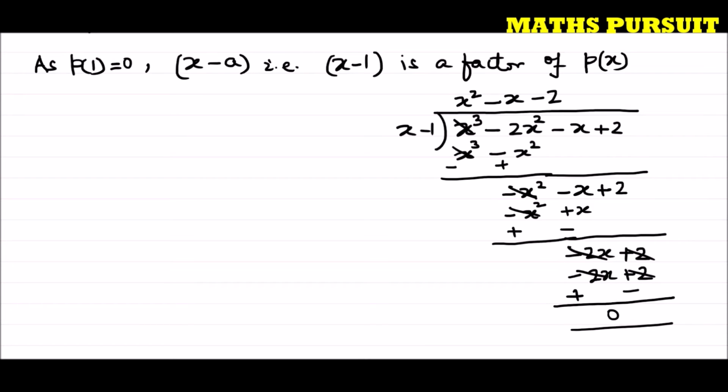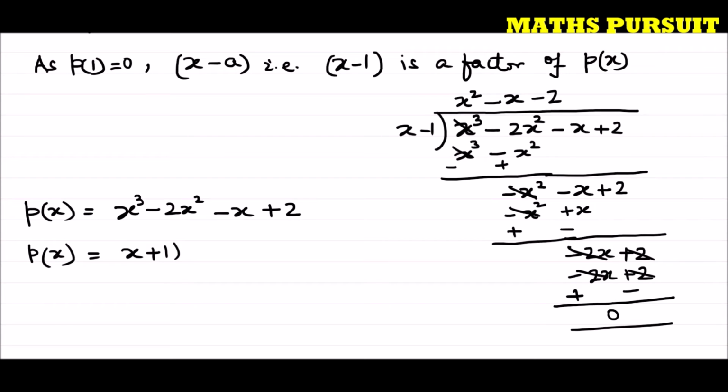So you could see that we are able to break the original polynomial. That is, the original polynomial is x to the power 3 minus 2x to the power 2 minus x plus 2, and after using the factor theorem, we are able to find out one factor, that is x minus 1, and then we are able to segregate this one.